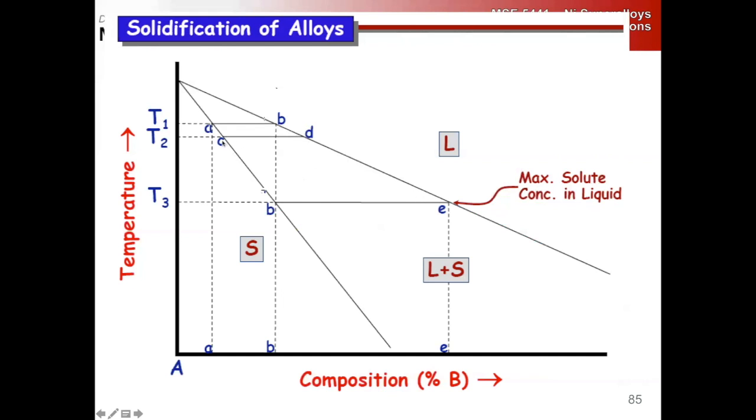This is what leads to our dendrite coring, right? We have a compositional gradient throughout the dendrite, but we also have a gradient in our liquid concentration. And our max solute in the liquid, right before the last liquid to freeze, will be much, much higher in solute than the first solid that froze.